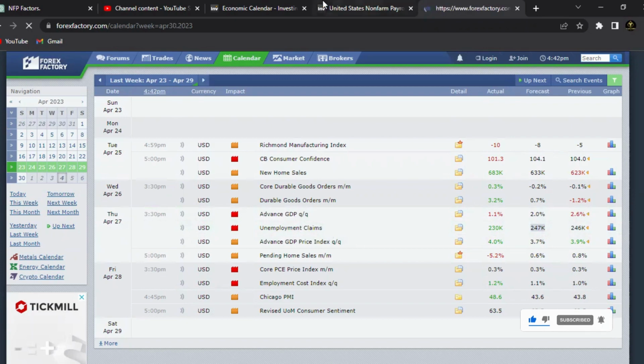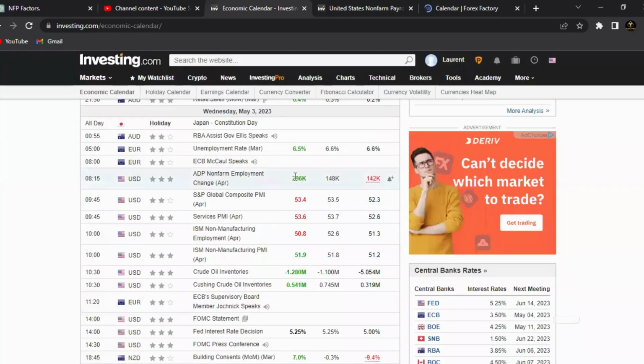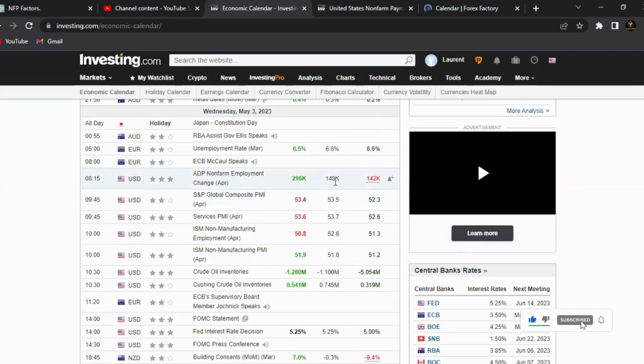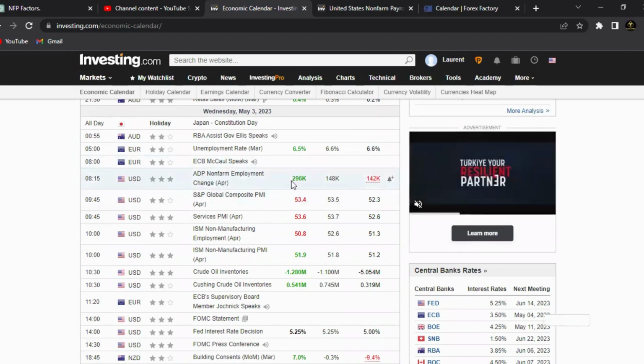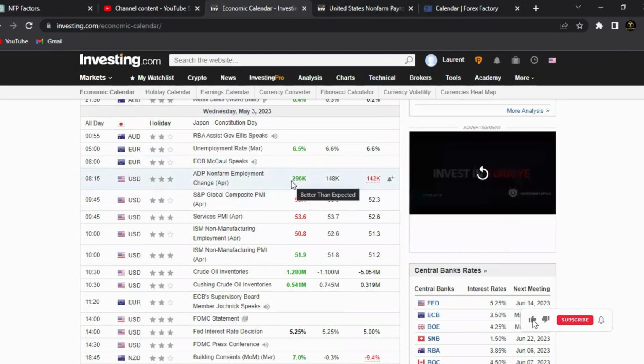And as you can see here this week, the ADP too came out positive. Unlike its forecast, it came out positive for the US dollar, giving the US dollar more bullish momentum. So these are the two indications that I always look at, the major indications for the NFP, before I actually make my decision.